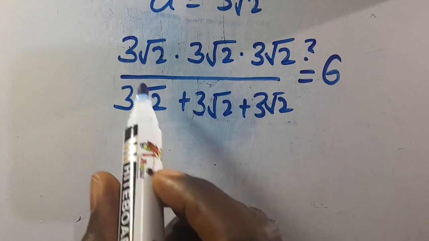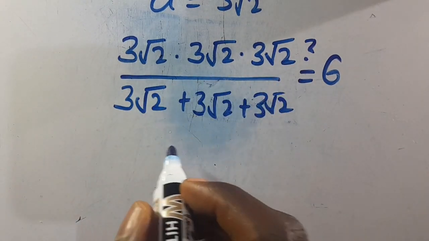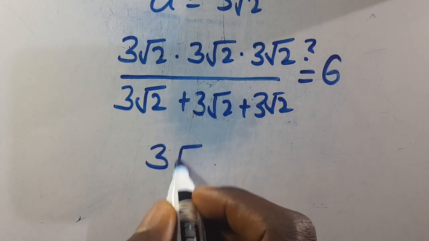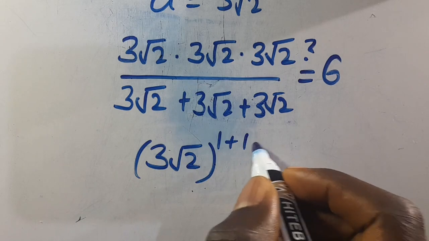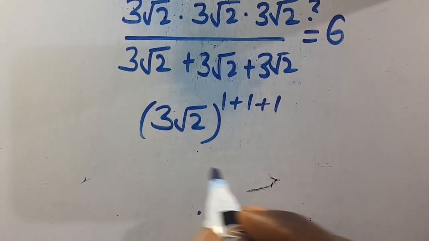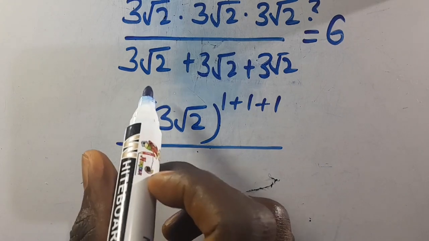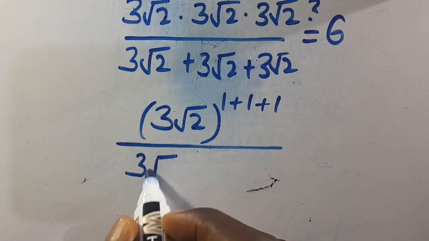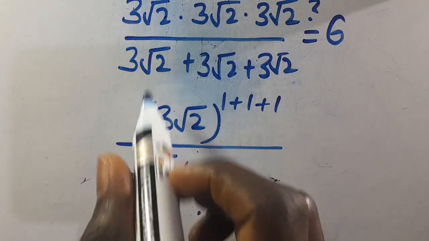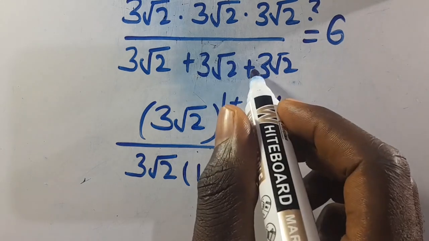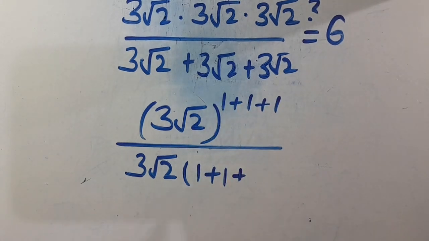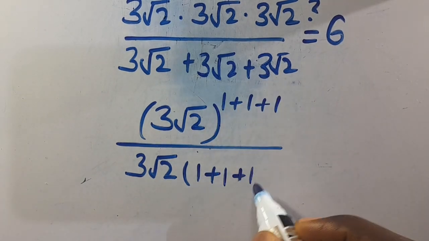So 3 root 2 times 3 root 2 times 3 root 2 is 3 root 2 to the power of 1 plus 1 plus 1, divided by 3 root 2 times the bracket, this divided by this, we have 1, plus this divided by this, we have 1, plus this divided by this, we have 1.